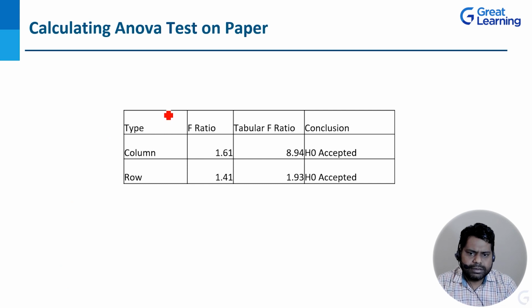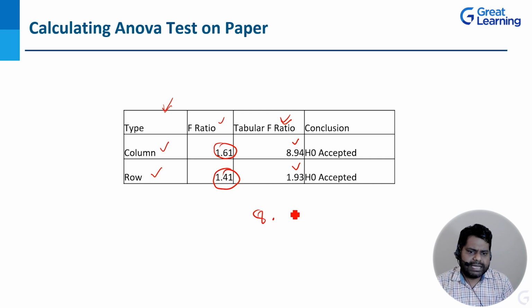Now we can say the column wise F value and row wise F value are 1.61 and 1.41. And our earlier calculated tabulated F ratios are 8.94 and 1.93.